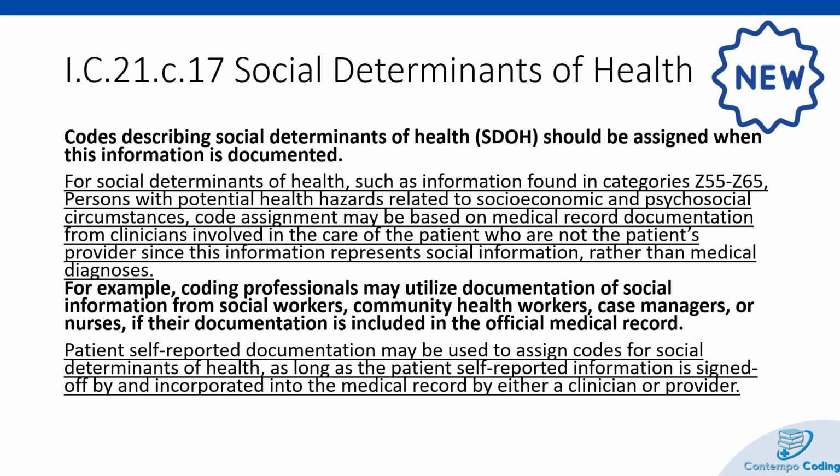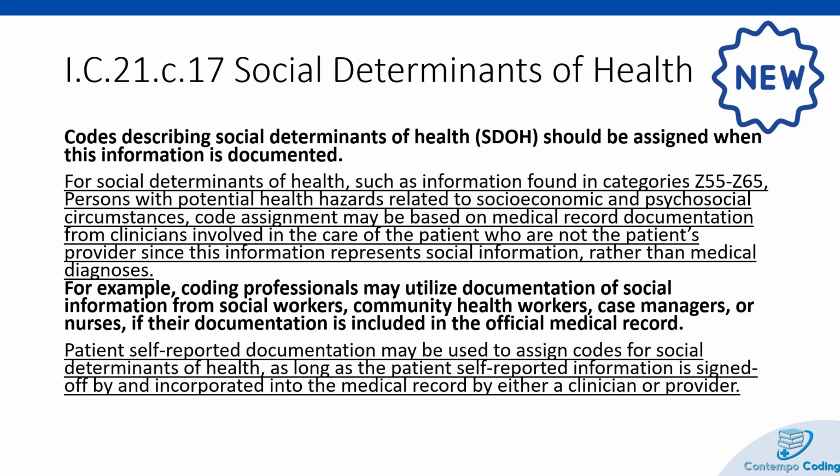And it states that codes describing social determinants of health should be assigned when the information is documented. So for social determinants of health, which are found in categories Z55 through Z65, they're things like the patient is homeless, they're in a foster care system, they're having conflicts with their spouse.